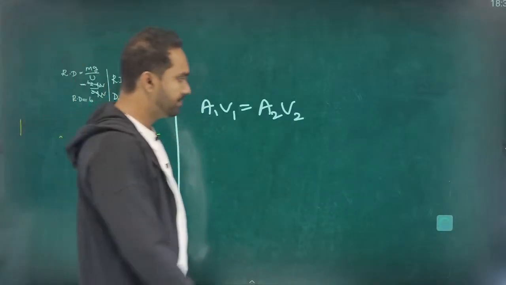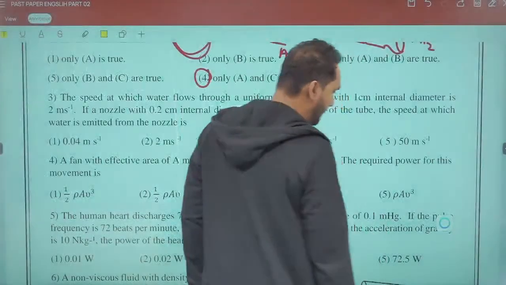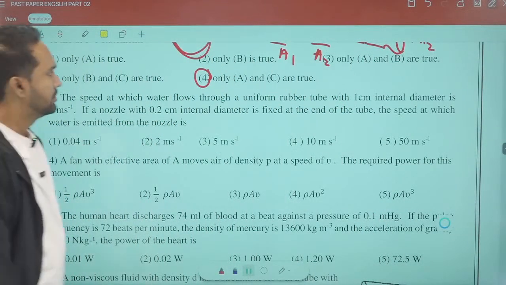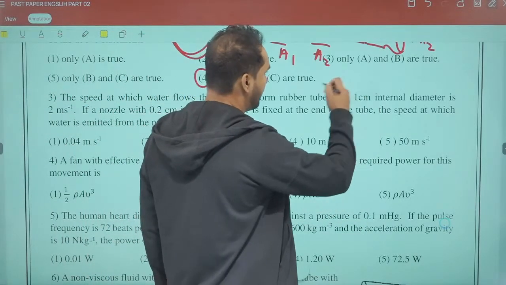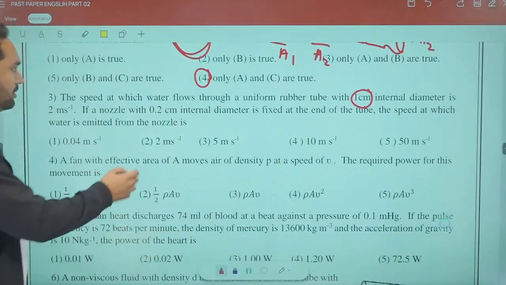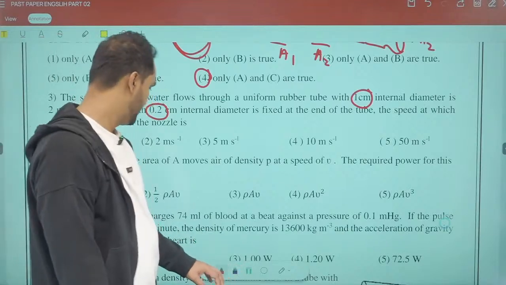In the question, it doesn't say anything about the cross-sectional area, but it says about the diameter, right? So the diameter is 1 centimeter in the first one, and the diameter is 0.2 centimeters in the end. So I'll draw it.